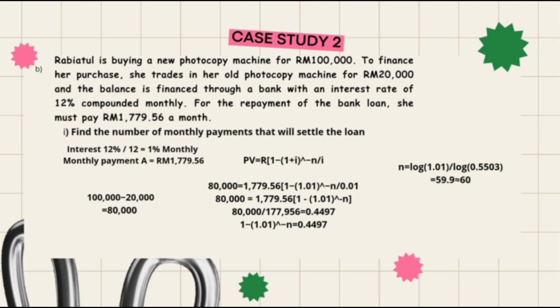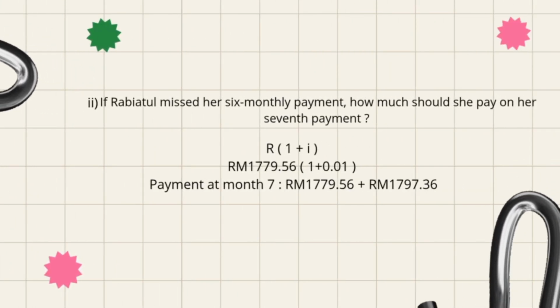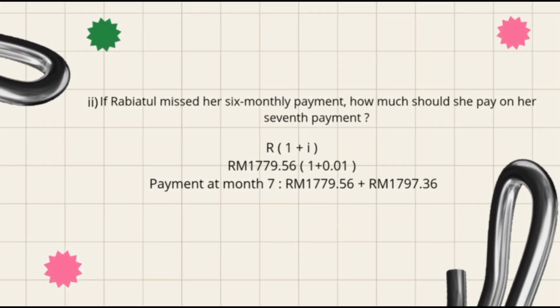So we got 0.4497, and then we fill in the formula again to find the answer. The final answer is n equals 0.5503. That was for step 2. Then step 3, n equals log 1.01 divided by log 0.5503. And then the final answer was 59.9.